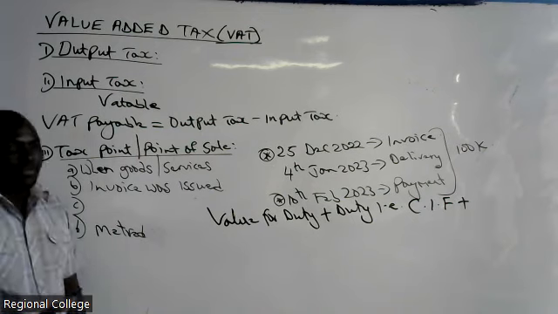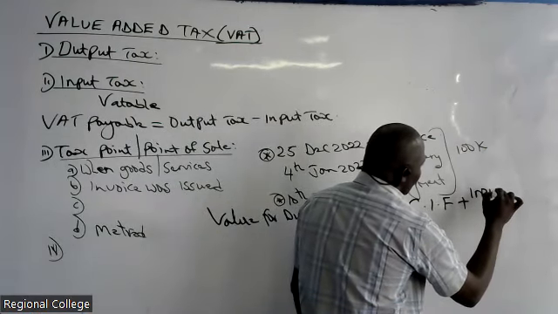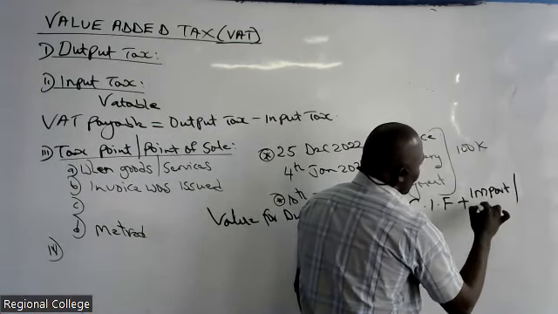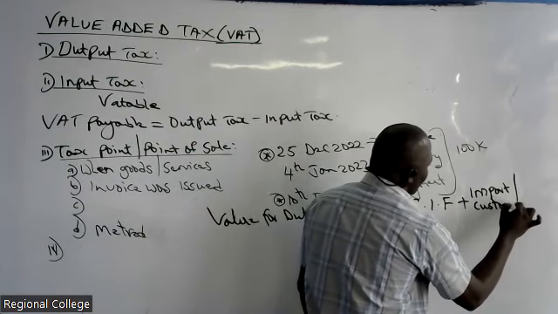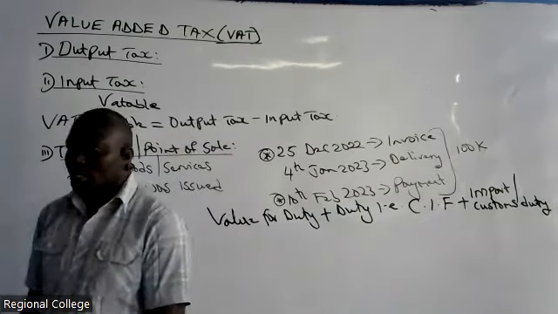So cost, insurance, and freight plus import duty and customs duty.